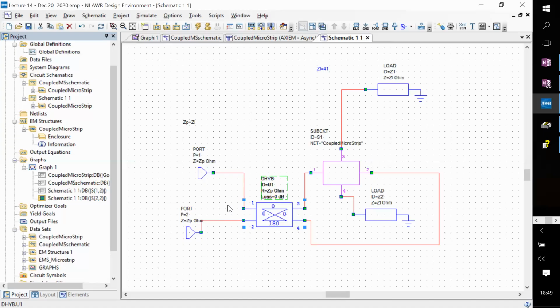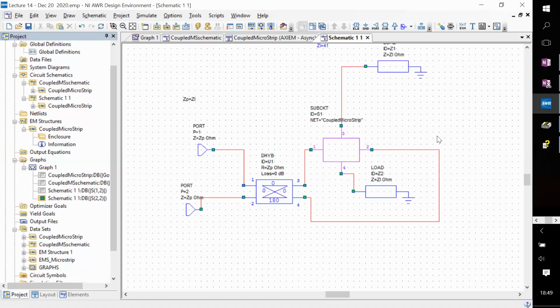Otherwise, it will just become extremely complicated to use. When I discuss the coupled microstrip line based device, which is actually called a directional coupler, it will become clearer what I mean by that. So the outside reference is always going to be 50 ohms, and you design the device in such a way that when things are terminated properly, everything works out correctly.